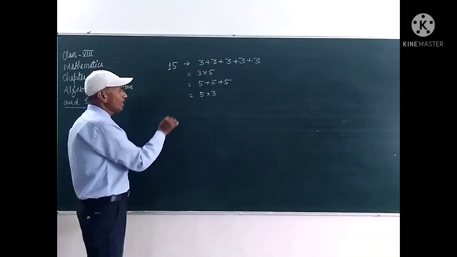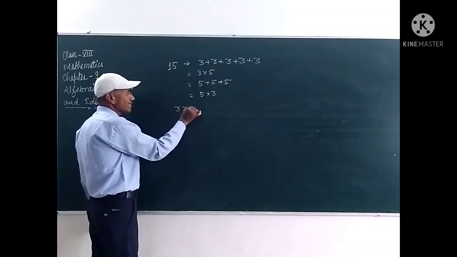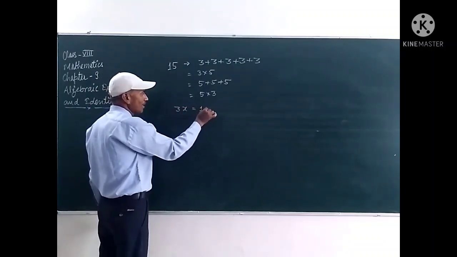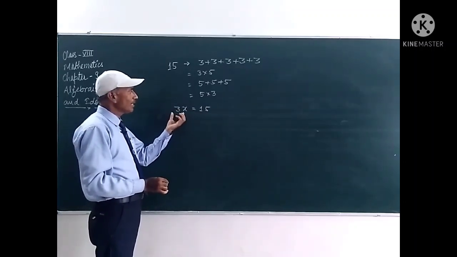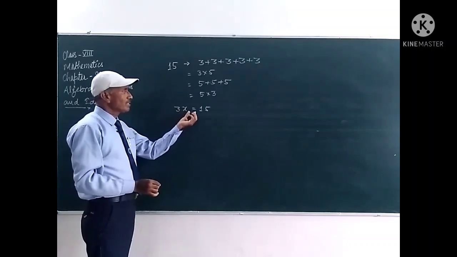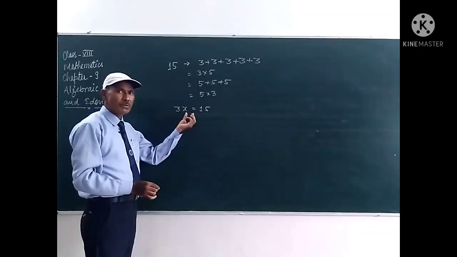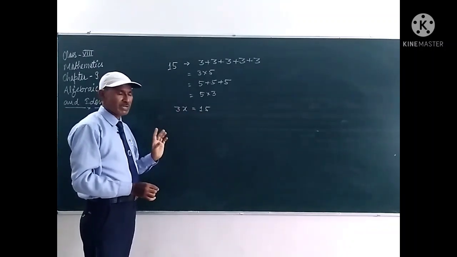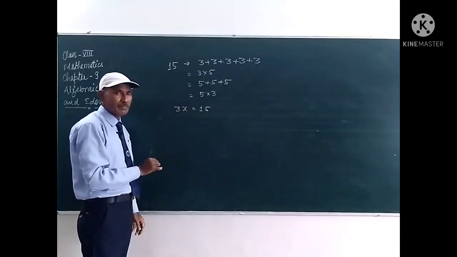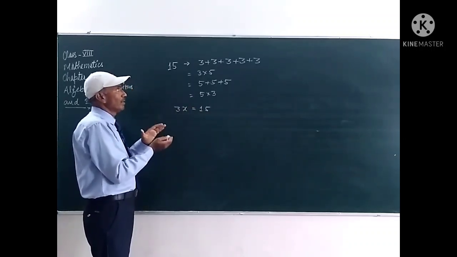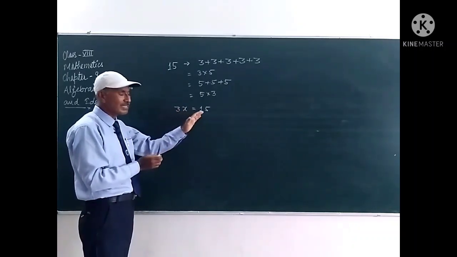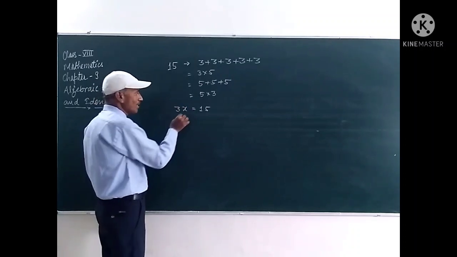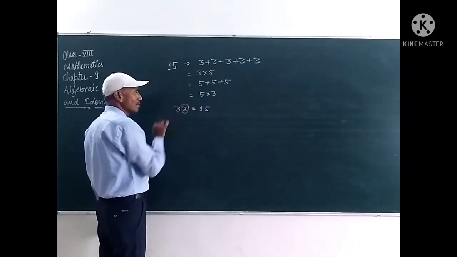If we write 3x is equal to 15, this is an equation, students. Equation means there is a sign of equality between two expressions. This is the equal sign. In this equation the value of x is 5.